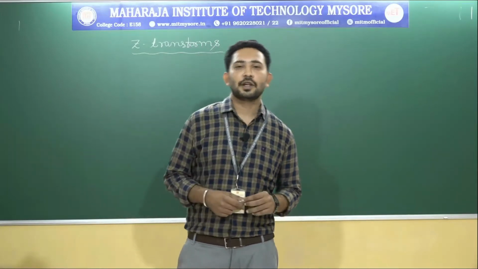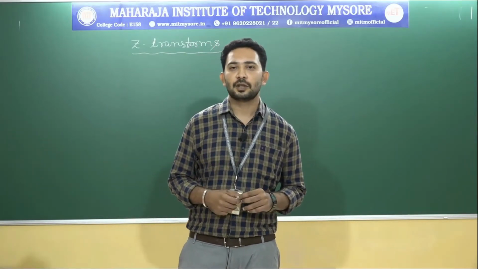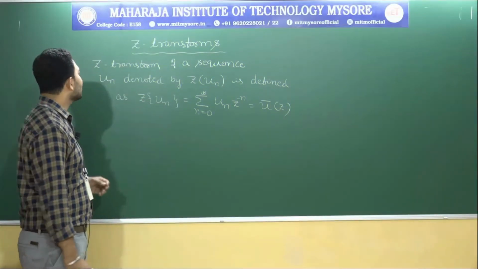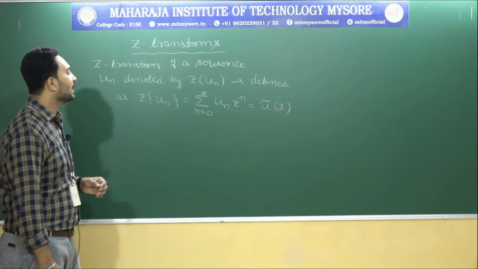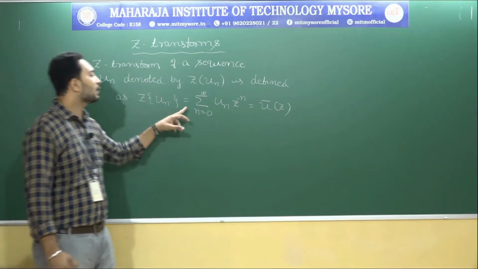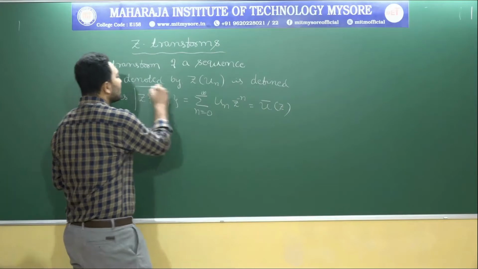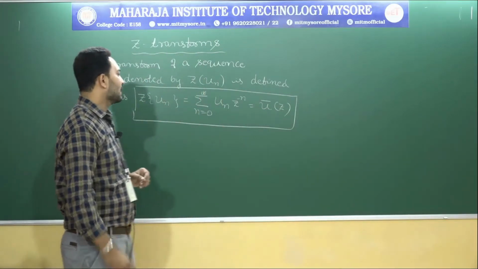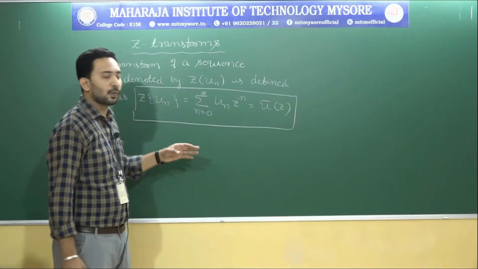Let's go to the definition of Z transformation. Z transform of a sequence u_n, denoted by Z of u_n, is defined as Z of u_n equals summation n equals 0 to infinity u_n into z power minus n, which is equal to u bar of z.